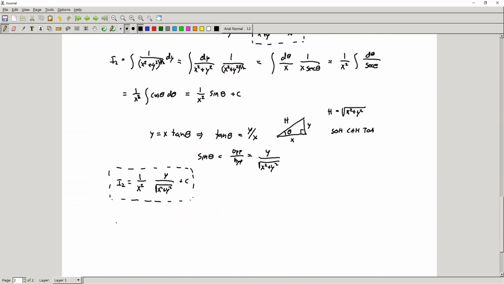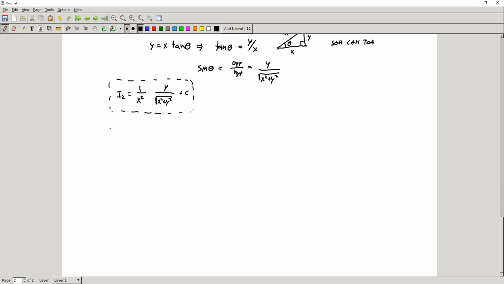We're going to end up getting a result that looks like, do I have space here? Yeah, it looks like this. So Ex is equal to KQ over 2A, and this is just from equation 2. We have an x, and then we have 1 over x squared. This is our I2 that we're now going to evaluate at minus A and A, right? So we have y over the square root of x squared plus y squared from minus A to A, okay? And so we have this term that we can factor out, right?